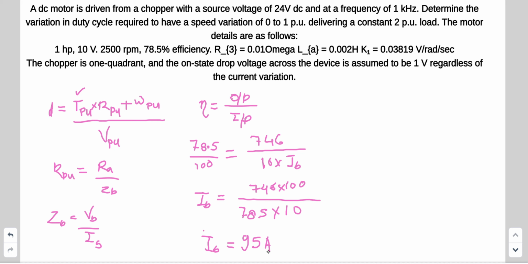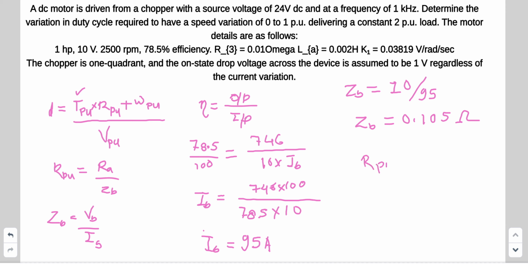Now we have calculated I base. Then what will be Z base? Z base is equal to V base divided by I base, so 10 divided by 95 ampere. So Z base will be 0.105 ohm. Now we can calculate the R per unit value.